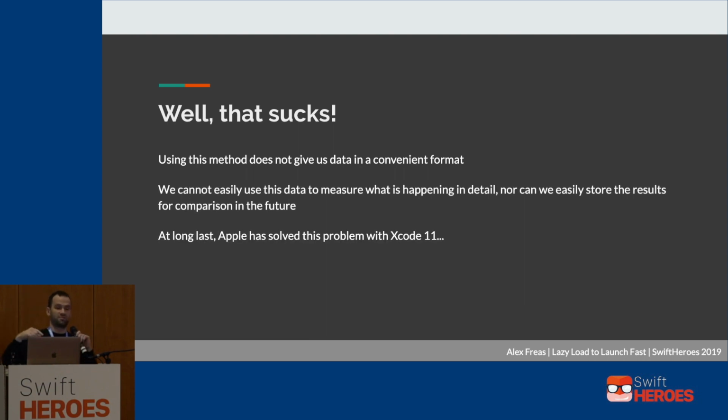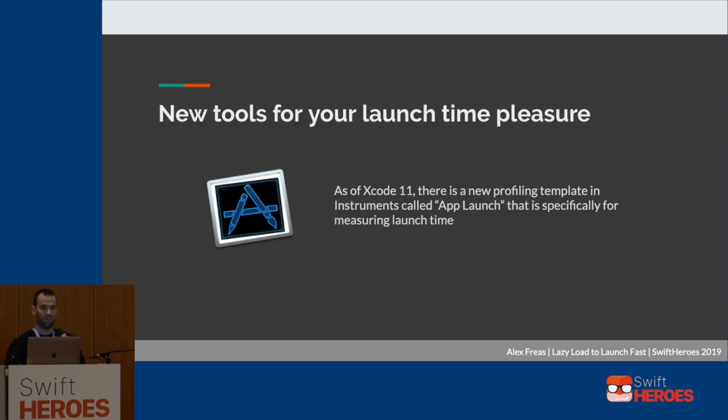But over the summer at WWDC, Apple announced something that will solve our problem with Xcode 11. And that is the App Launch template in Instruments. This is a really great improvement for anyone who's been using the previous method, which was the standard for a long time.